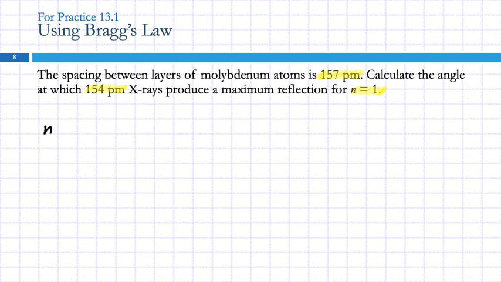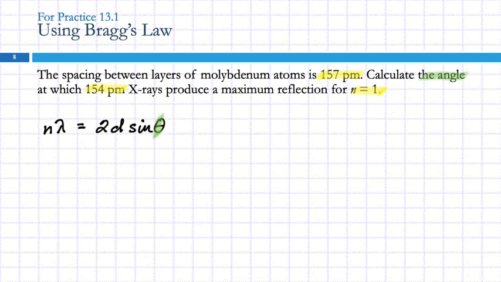Bragg's law says that n times the wavelength is equal to 2d times the sine of the angle that the X-rays are coming at. We're trying to find that angle, theta.